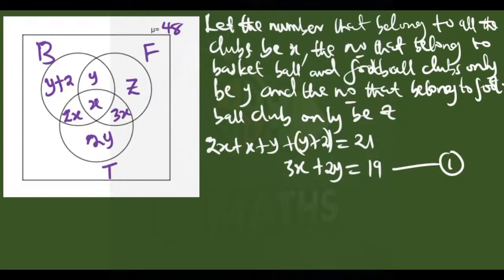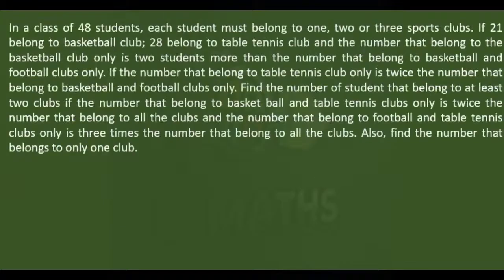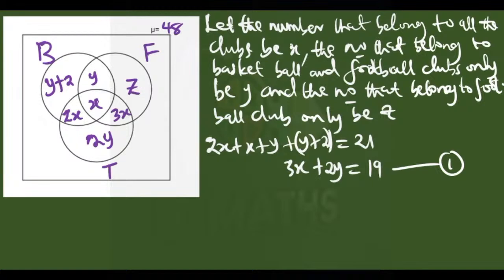Again they said 28 belong to table tennis club. So we'll go to table tennis club. We have 2x plus x plus 3x plus 2y is equal to 28. So what do we have?